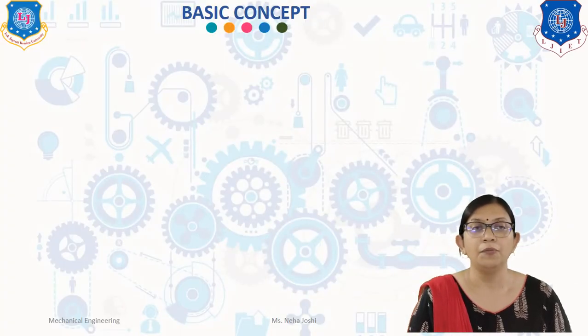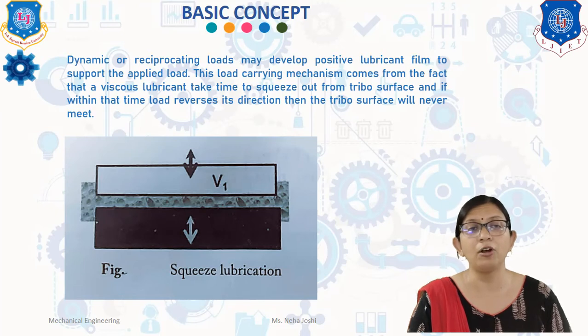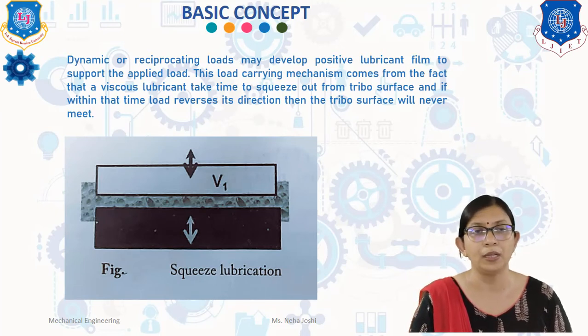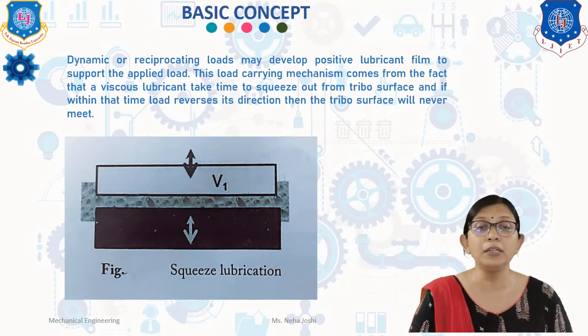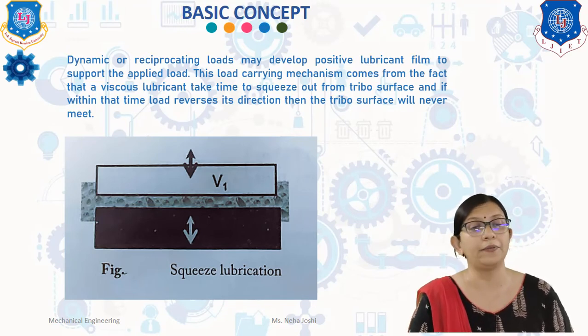Now, we will discuss the basic concept of squeeze film lubrication. Dynamic or reciprocating loads may develop a positive lubricant film to support the applied load. This load carrying mechanism comes from the fact that viscous lubricant takes time to squeeze out from the tribo surface, and if within that time the load reverses direction, then the tribo surfaces will never meet.